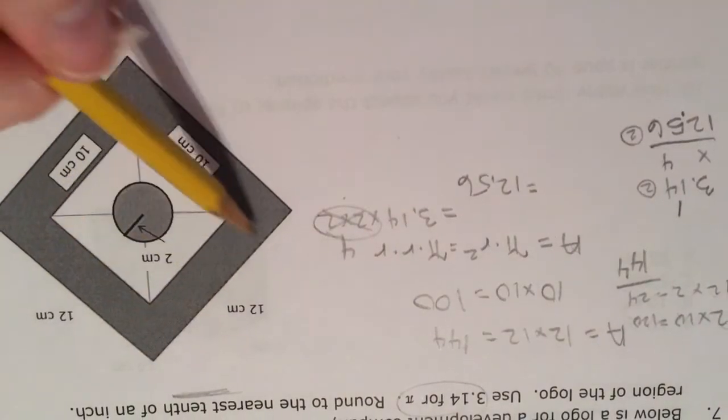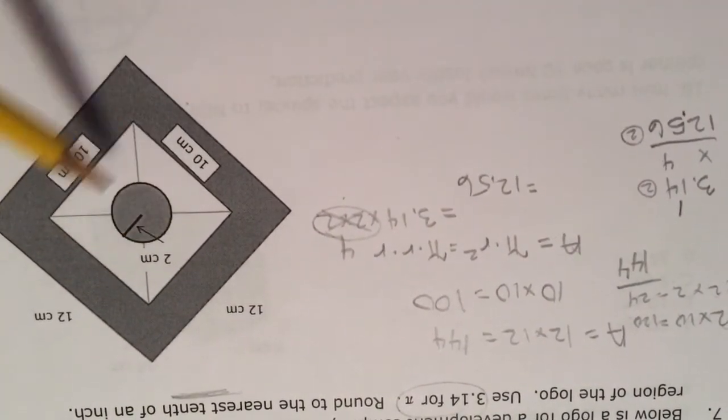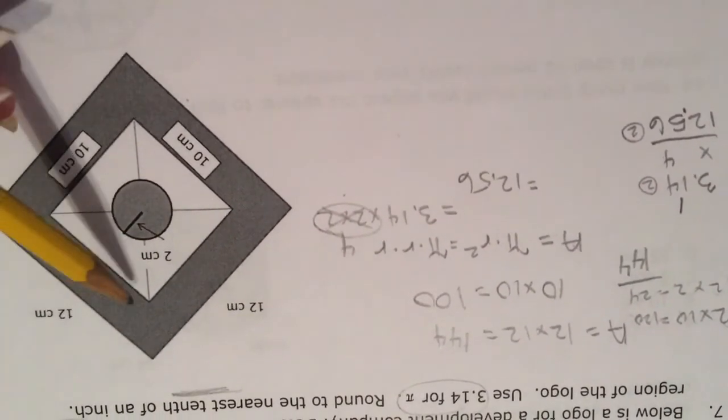So if I take the big square and subtract the little square, it'll give me this part that's left. So if I do 144 minus 100, that leaves me with 44. So that's this big square right here minus this little square. So this shaded part right here, the area is 44.